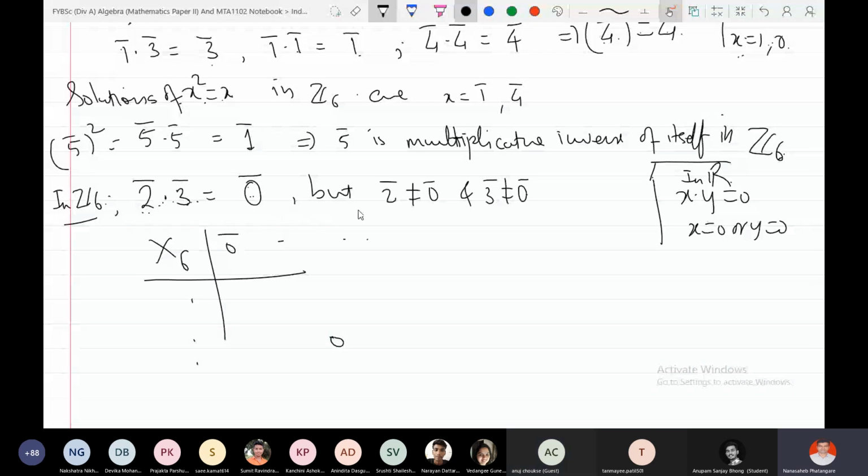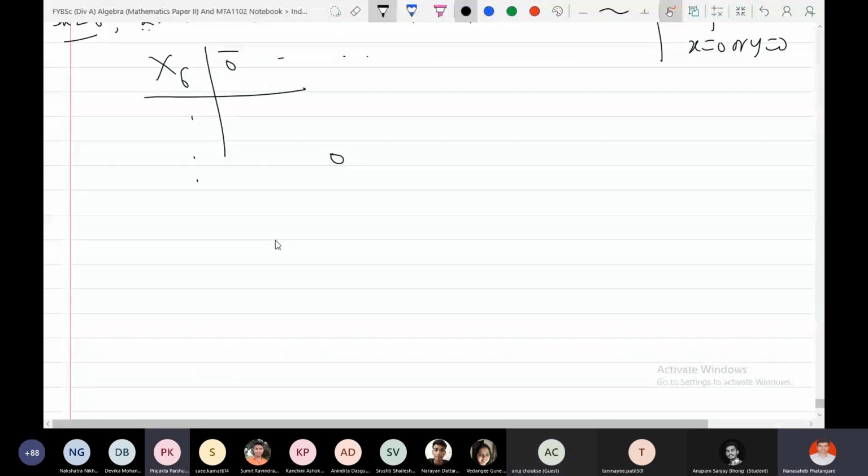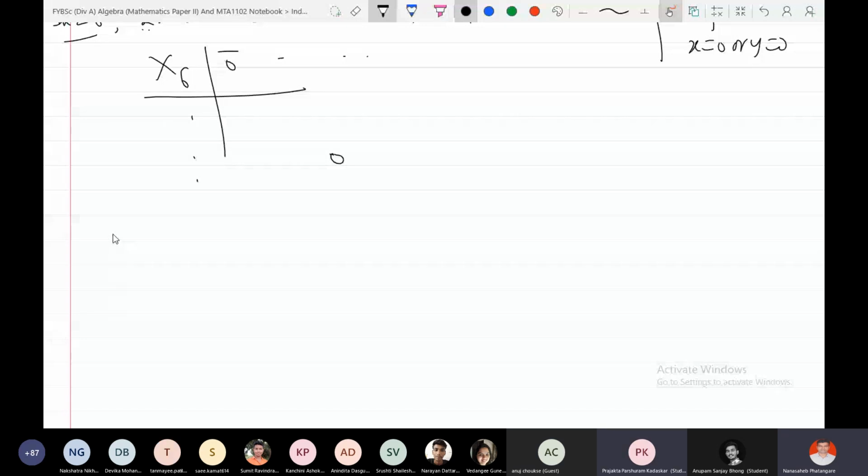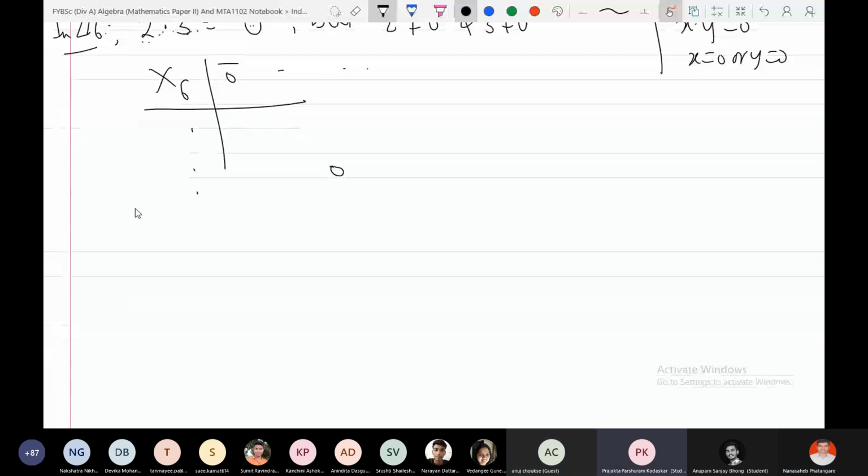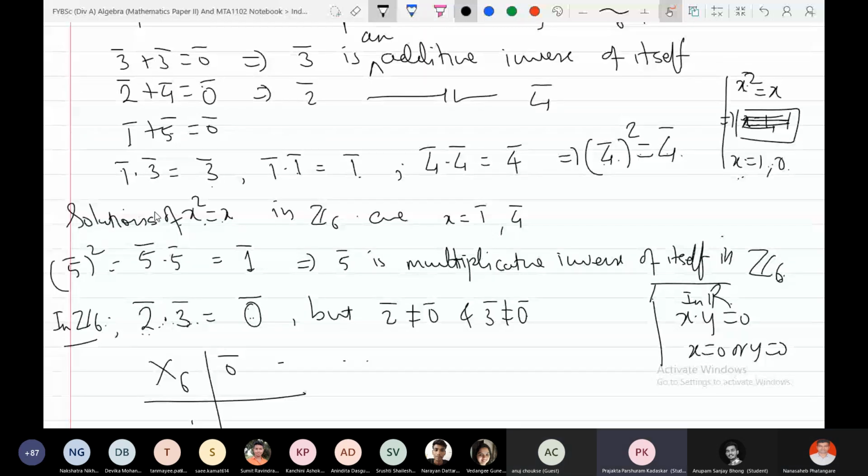Correct. And what is the speciality? Student: Sir, can you scroll down to the solution of x square is equal to x? In Z6, the solutions are x is equal to 1 bar and 4 bar. 0 bar is also a solution, right?